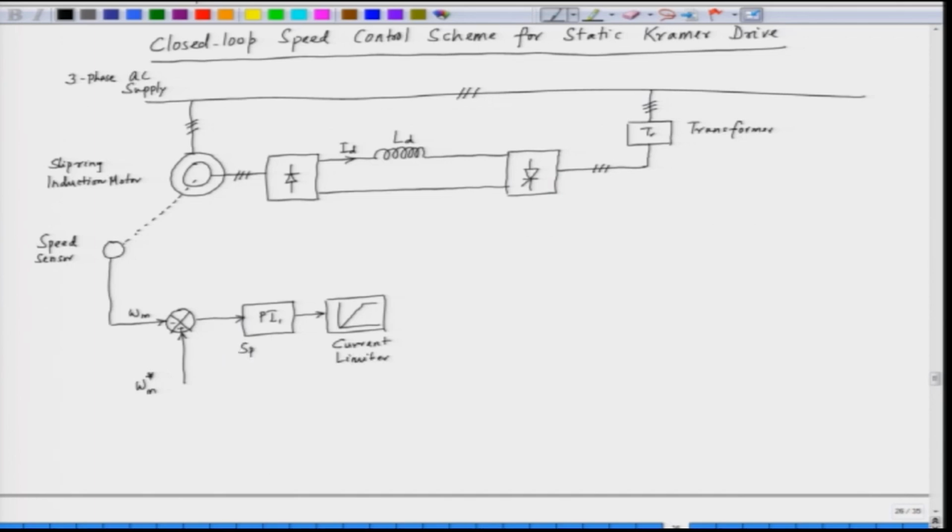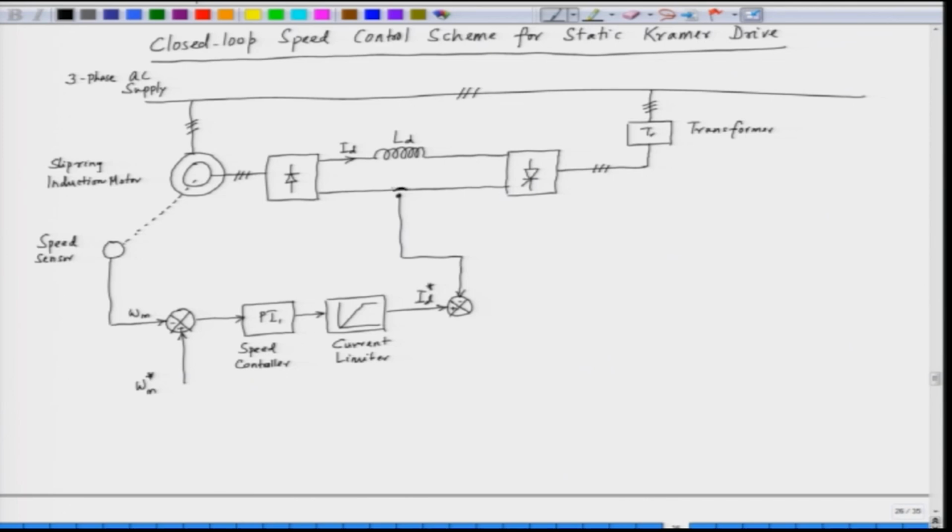Here we have a speed controller, and this gives us the reference value of the current I D star, and this is the feedback value of the current.